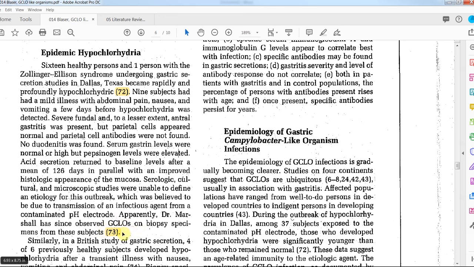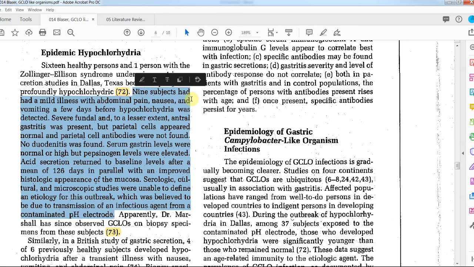The 73 here cites only that very final sentence. The rest of this paragraph is coming from source 72, and notice that that follows the very first sentence of the paragraph. And then you've got a little bit of leeway to run with it. You've got, maybe say, a paragraph or so that you could carry on with that same source 72, and not feel obligated to reinsert the citation.